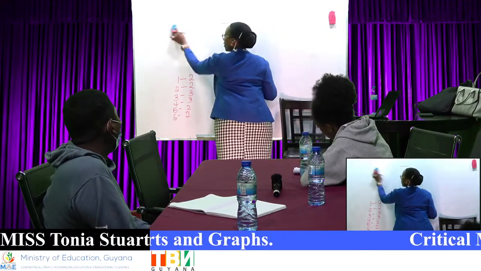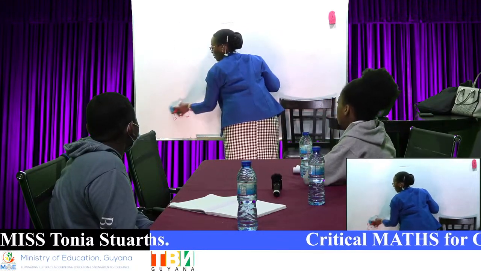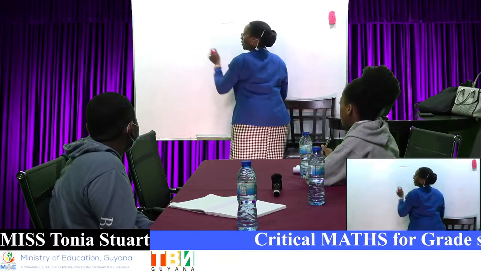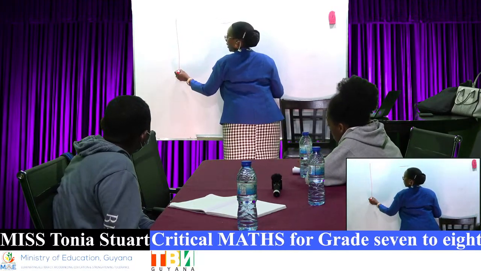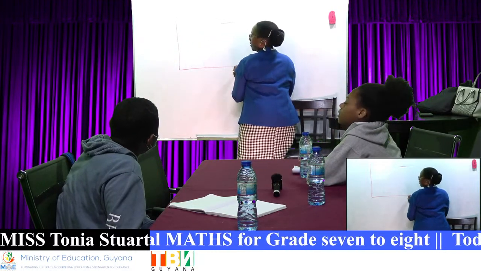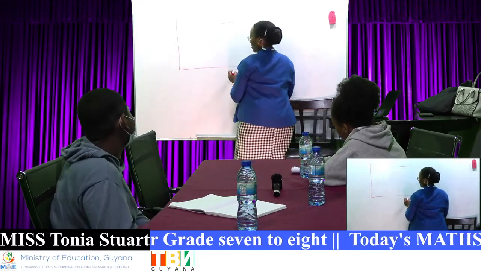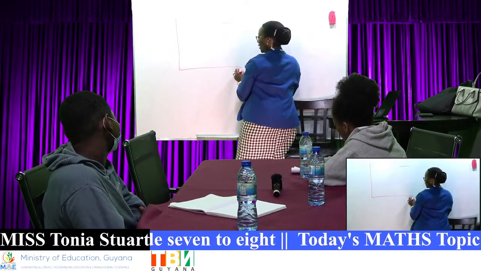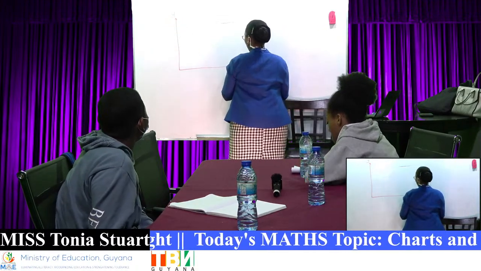To get our bar graph, what do we need? First of all, the vertical line, and the vertical line is called the, we have the horizontal would be the X, and the vertical the Y.